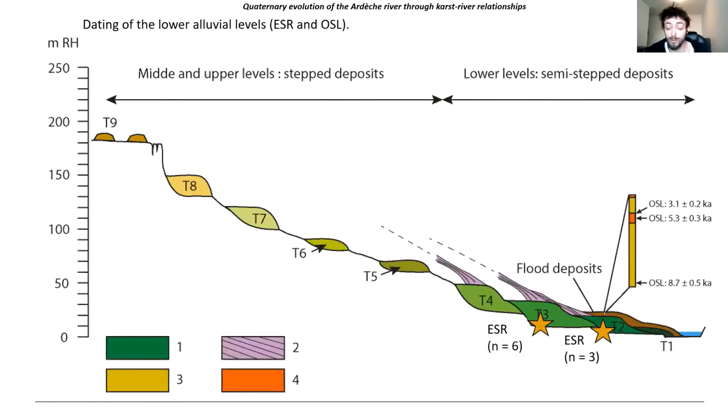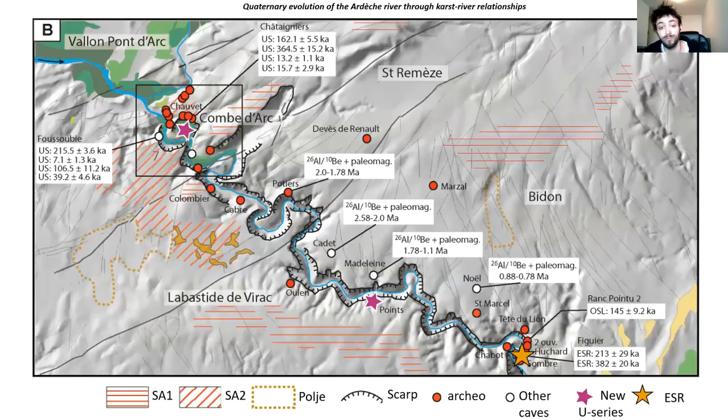For the ESR, electron spin resonance dating, we mainly dated two levels, the layer 2 and layer 3 fluvial levels, which are located respectively at plus 15 and plus 30 meters of relative height. And we tried to do the same thing inside the cave systems at the entrance and at the end of the Ardèche Canyon.